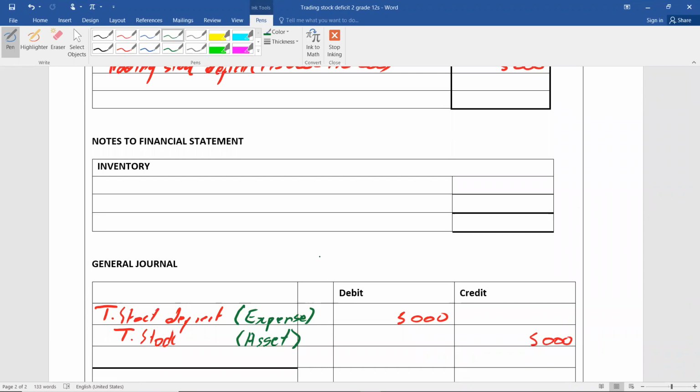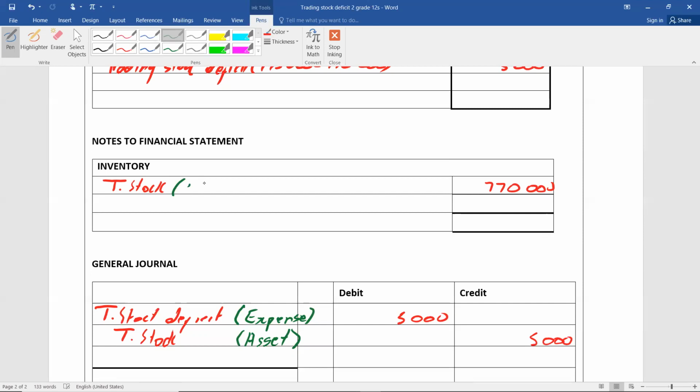And then we're going to go to inventory, and we have to put the trading stock as per stock count, and the amount will be 770,000 rand.